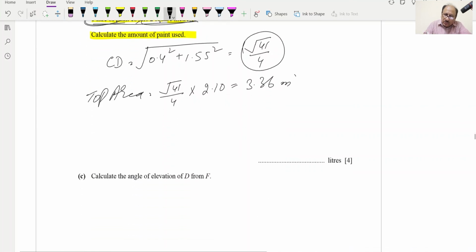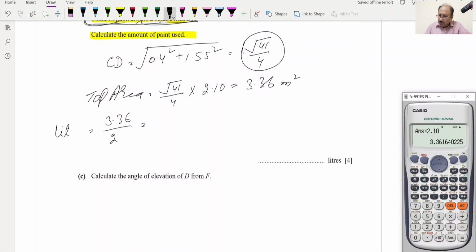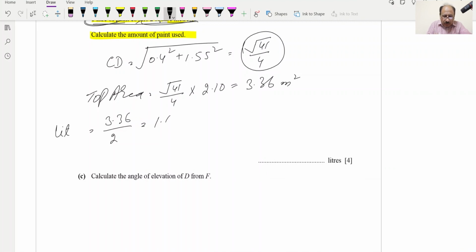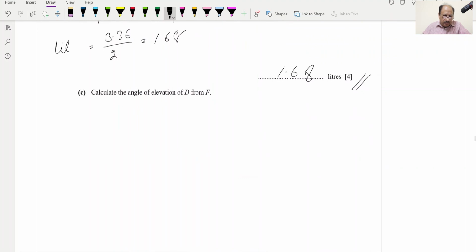So this is in square meters, so 3.36 will be divided by 2, and this will be the paint in liters. This divided by 2 is equal to 1.68 liters. So 1.68 liters of paint will be required for this. This is the 4 marks question which we are done.